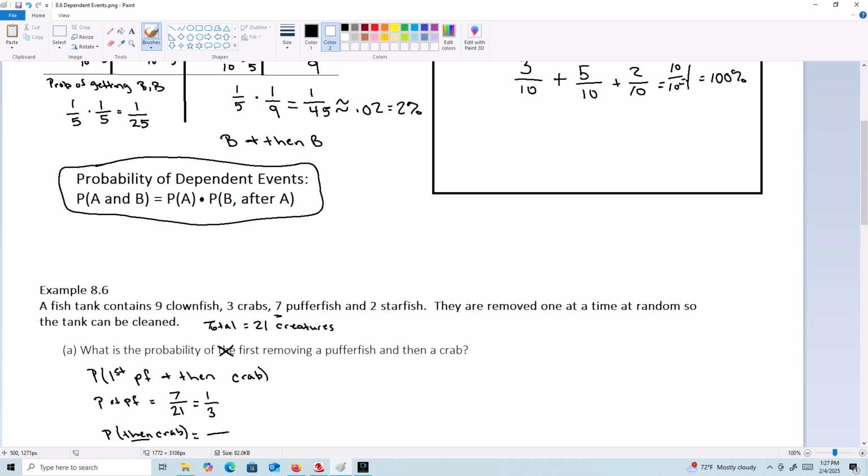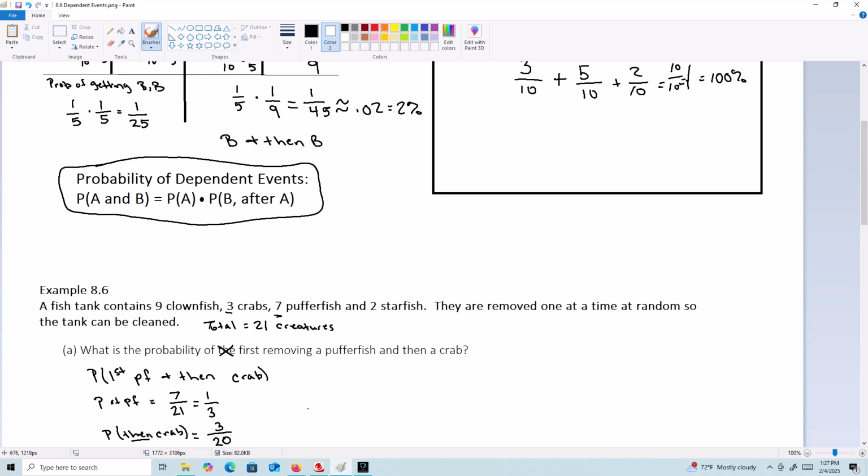That means my total creatures in the tank has been reduced to 20. And then there are 3 crabs. So the probability of getting a crab at this point is 3/20.